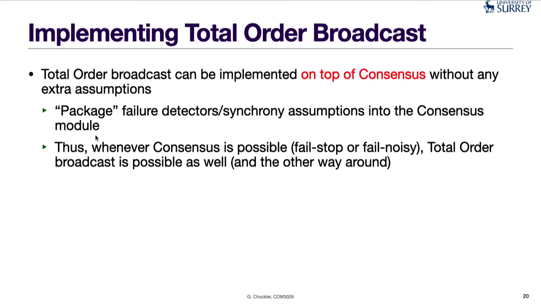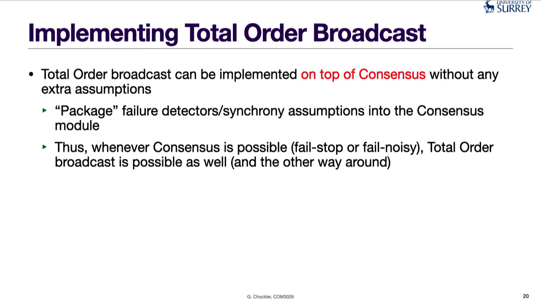So these environment assumptions, to remind you, can be failure detectors and/or synchrony assumptions such as full synchrony or partial synchrony. So this way, whenever consensus is possible to implement, and we know that consensus is possible to implement in a fully synchronous model, a fail-stop model, or a model with failure detectors, like a fail-noisy model, total order broadcast is also possible to implement.